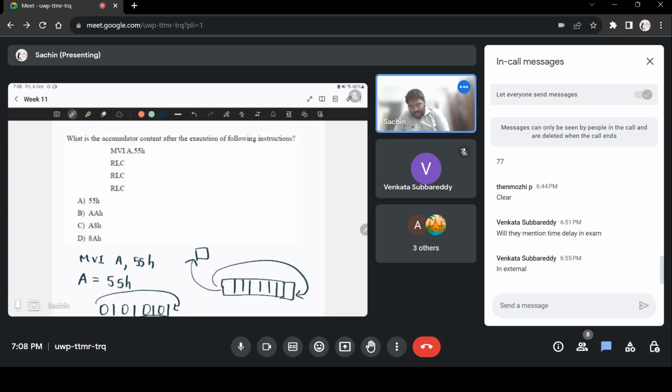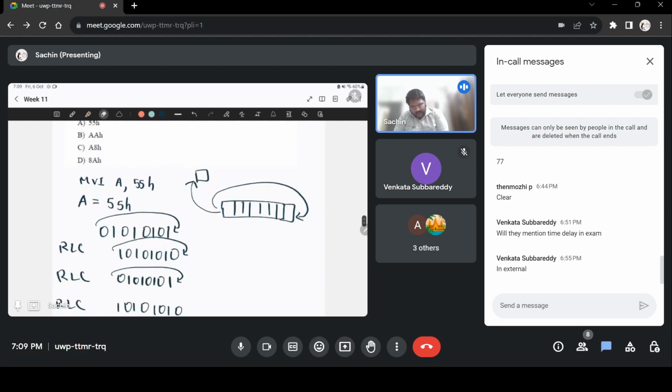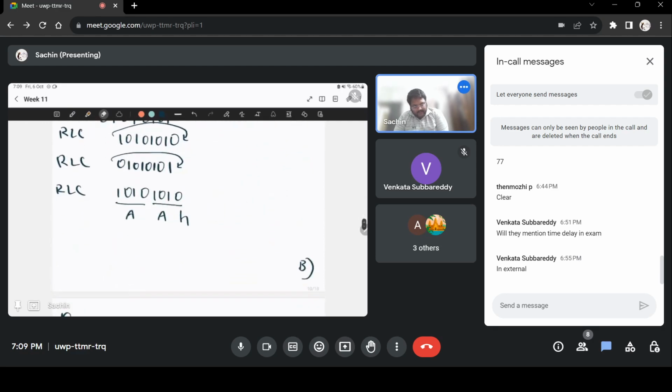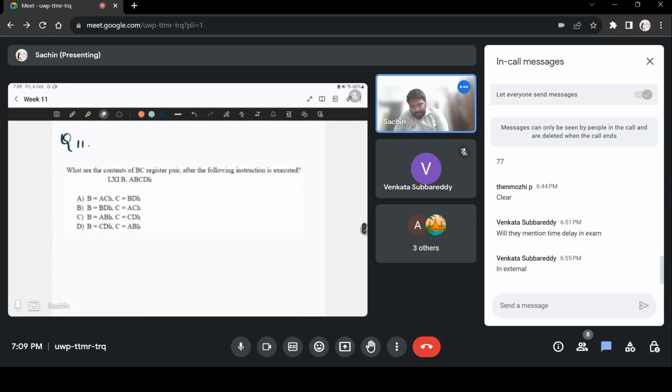Once you have moved 55H to the accumulator, RLC shifts the bits in the accumulator one place to the left, and the final bit is pushed into the carry flag and also to the first bit of the register. They have done this RLC operation thrice, so you do this 3 times and you get AAH. Is that okay?